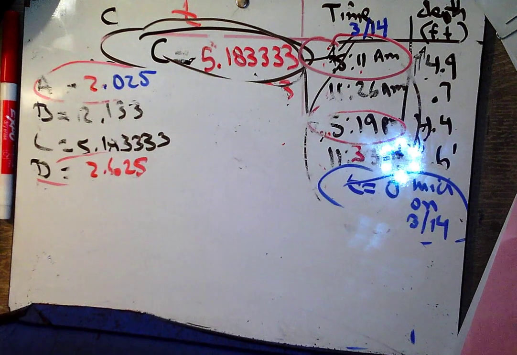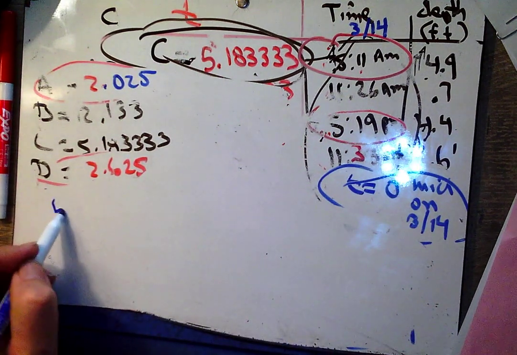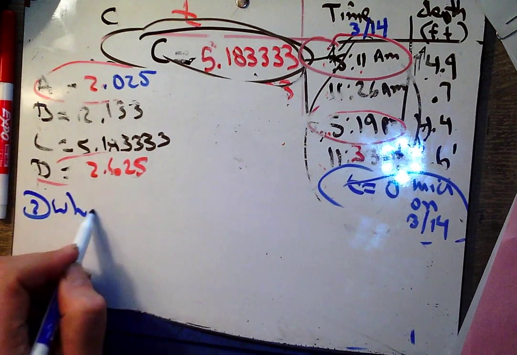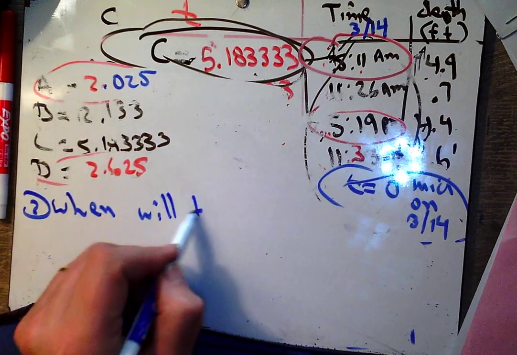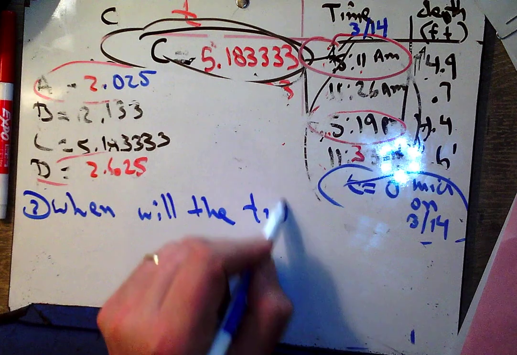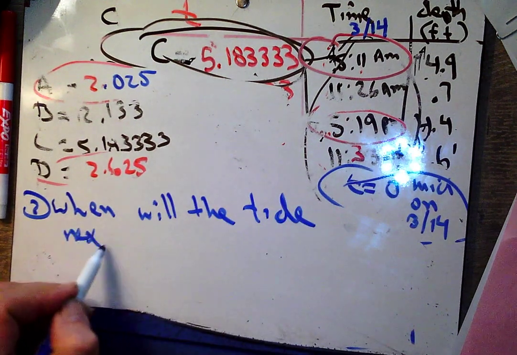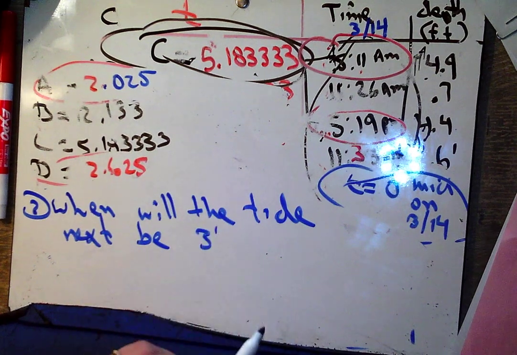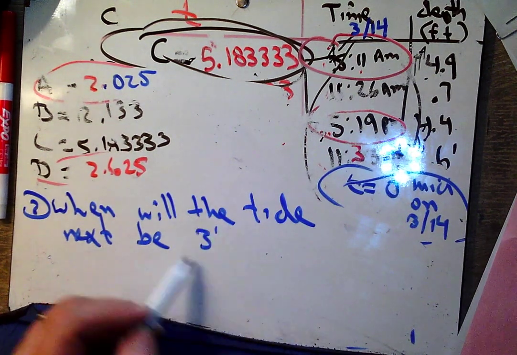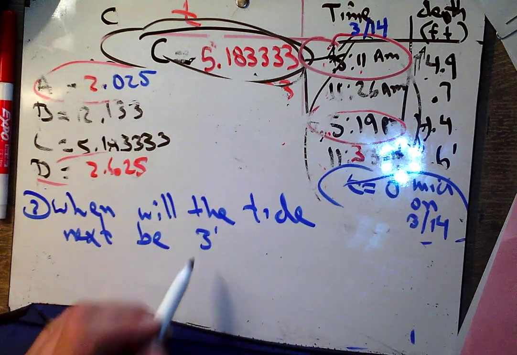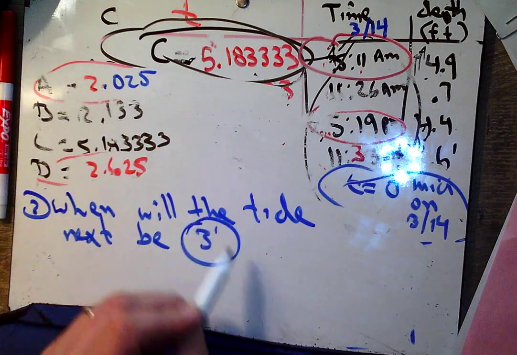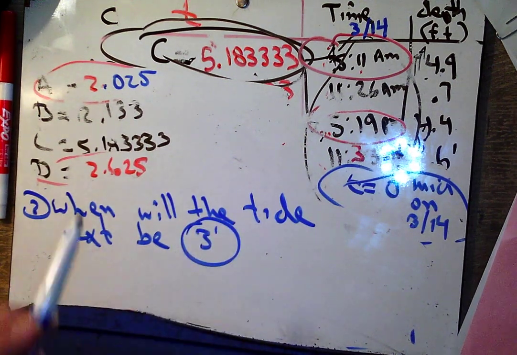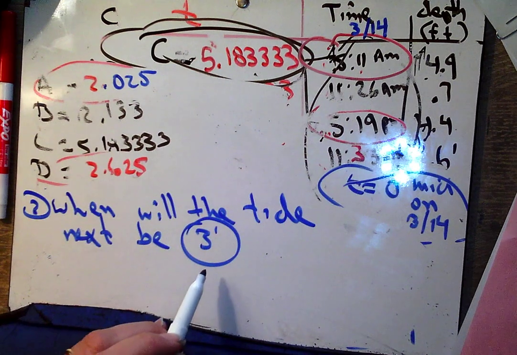Now, what happens if instead of giving us an input, they give us an output? When will the tide next be 3 feet? Well, this is a depth, and so this is our output. And I want to know when our model has that y value.